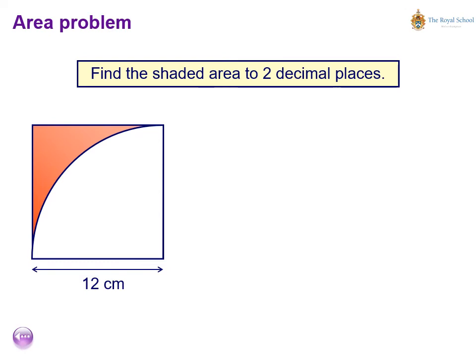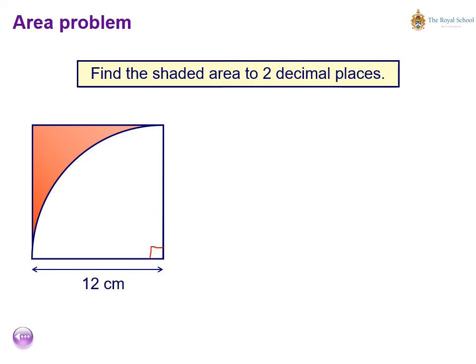And what we might think is, well, how much of a circle have we got in this question? If we're thinking about a square here, it's going to have an angle of 90 degrees in it. Well, we need 4 lots of 90 to make 360, which is all the way around this circle here. So actually, if we've got a right angle there, we've got a quarter of a circle.